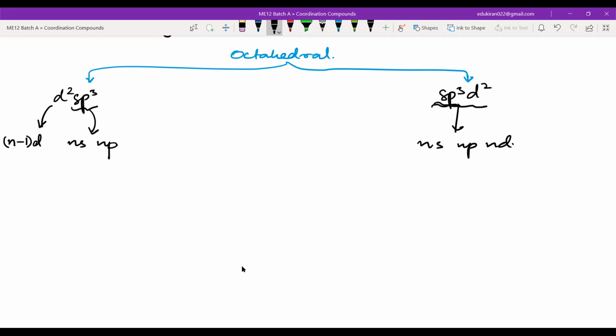So this is also known as inner orbital complex, and this is known as outer orbital complex.